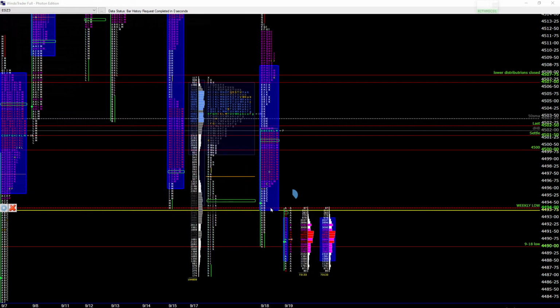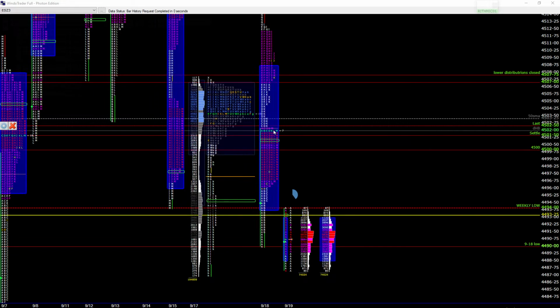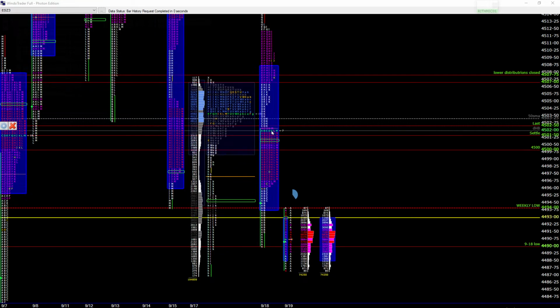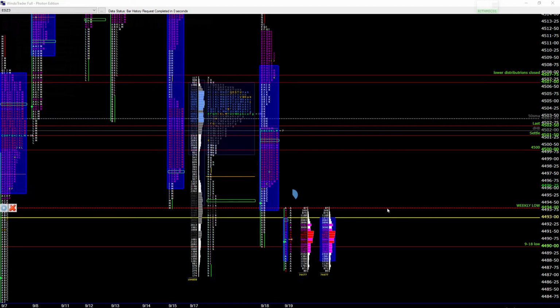Now the market has hit this value area low. Let's see if some selling appears here and the market pushes to the downside. There's a good amount of volume in this area, but very weak mechanical trading here.